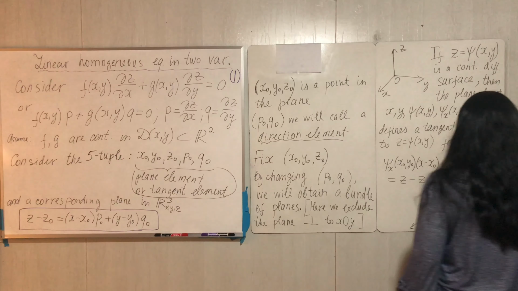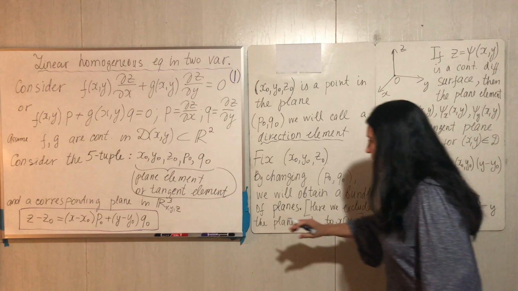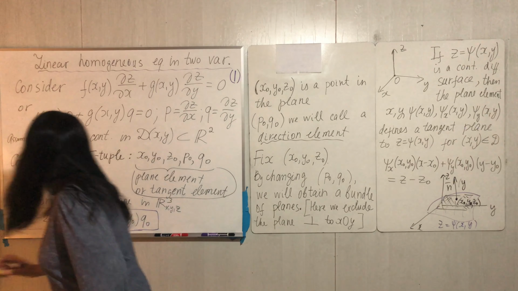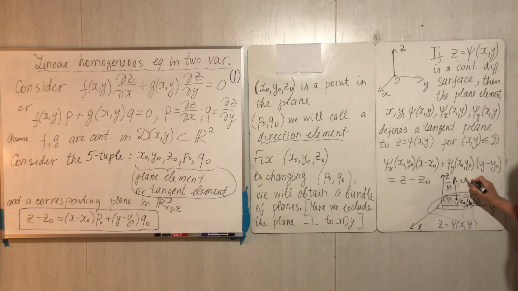So the normal will be psi x at x0, y0, psi y at x0, y0, and the third component would be -1.